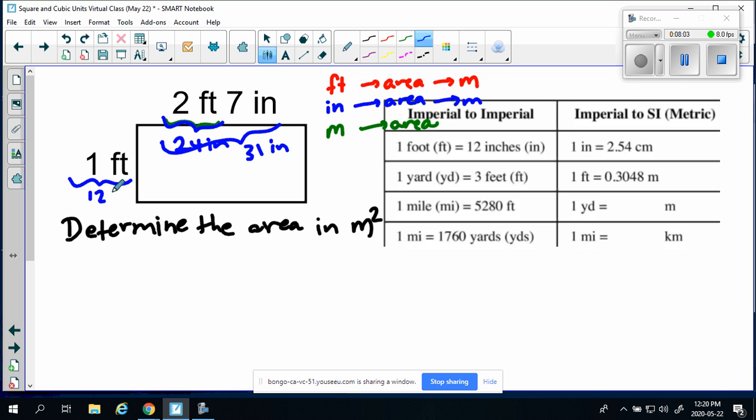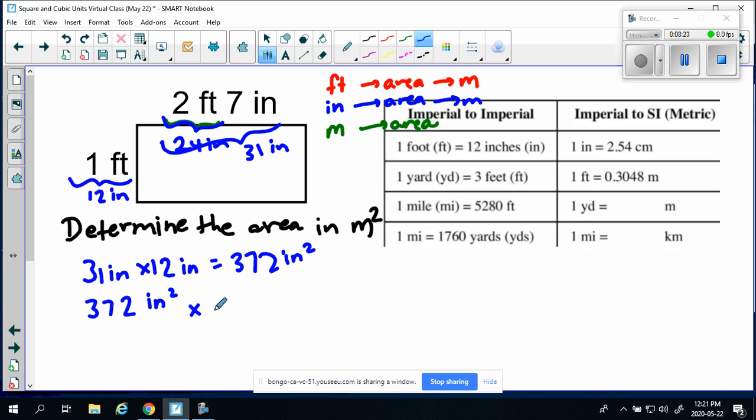And then this 1 foot should be 12 inches. So the plan was we convert it to inches, then we calculate the area. So 31 inches times 12 inches is equal to 372 inches squared.